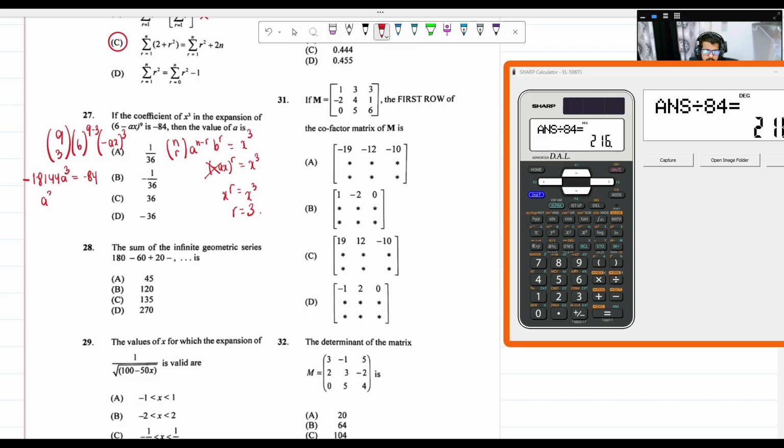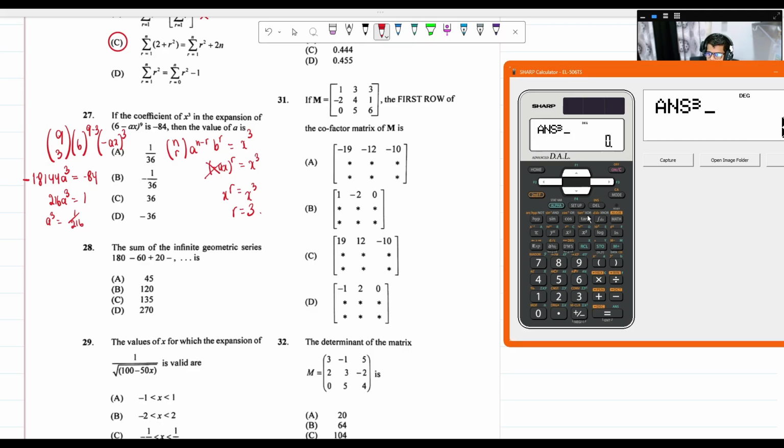So if a cubed, this is going to be when I divide, a cubed is equal to, when I divide both sides, it's going to be 1, and a cubed is 1 over 216. The cube root of 216, the cube root of the answer is 6.